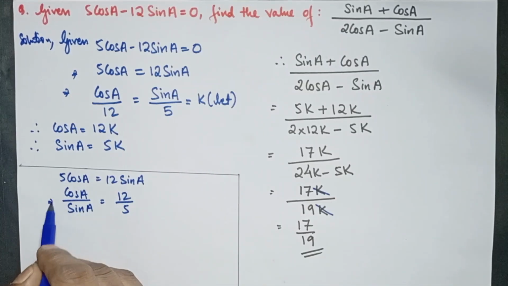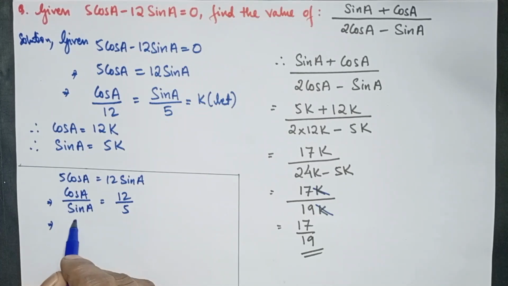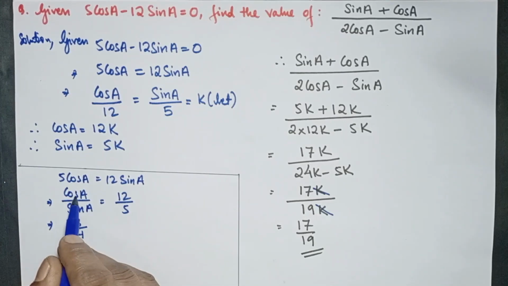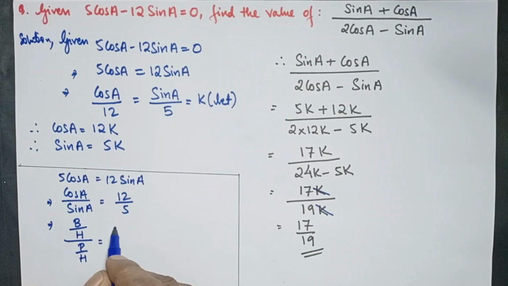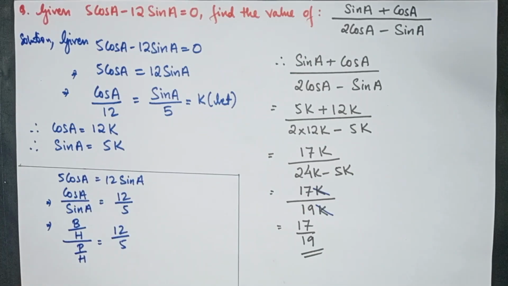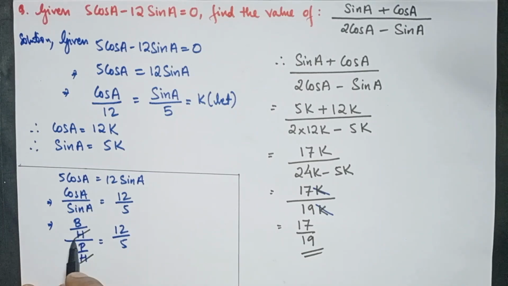So you know the formula: cos by sin is your cot. Okay, if you know the formula. So now cot equals 12 by 5. Now if you see here, the H will get cancelled.